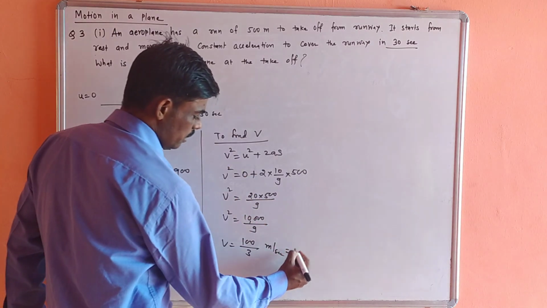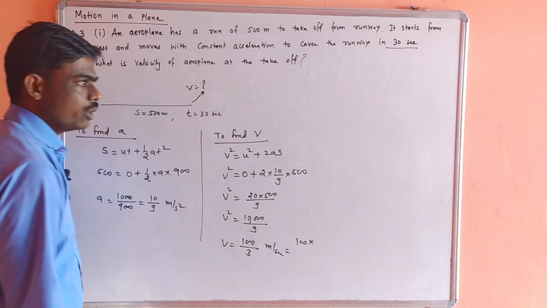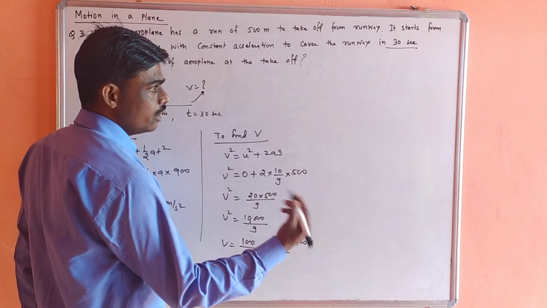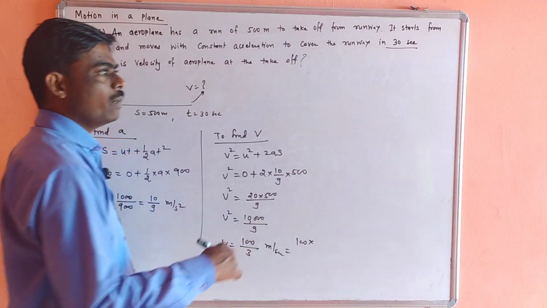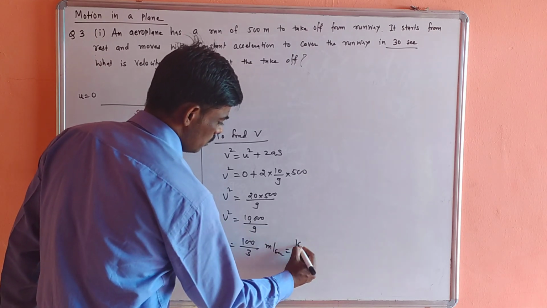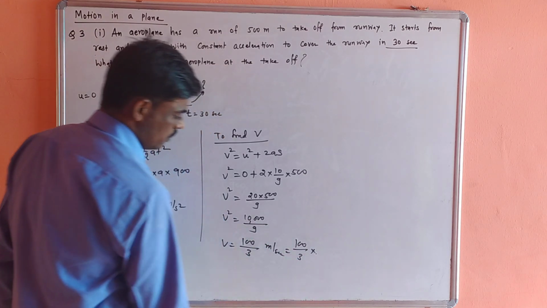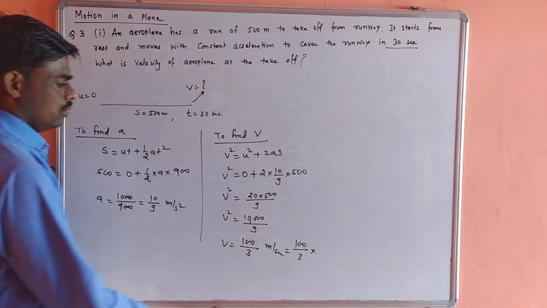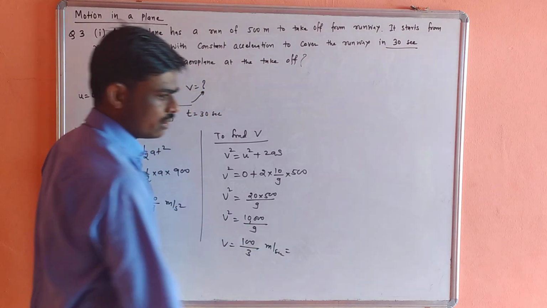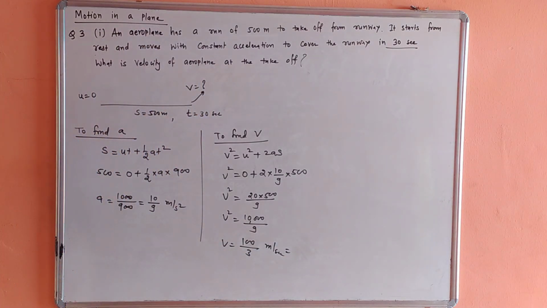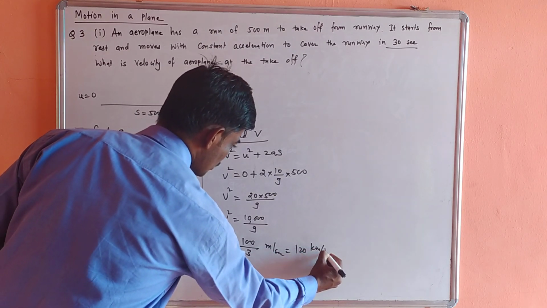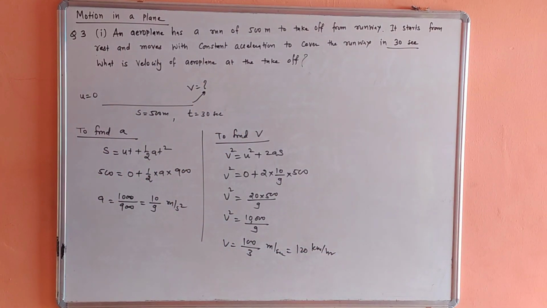To convert to kilometer, we divide by 1000, and to convert second into hour, we divide by 60 into 60. So in kilometer per hour, on conversion, the final answer is 120 kilometer per hour. This is your final answer, 120 kilometer per hour.